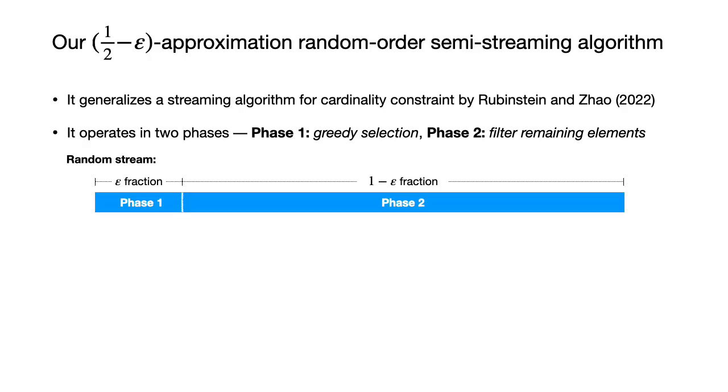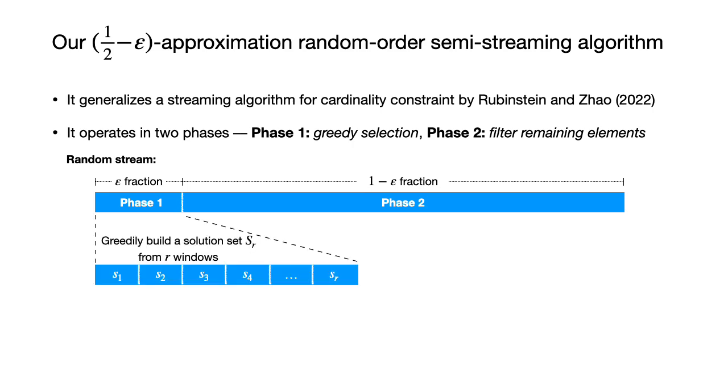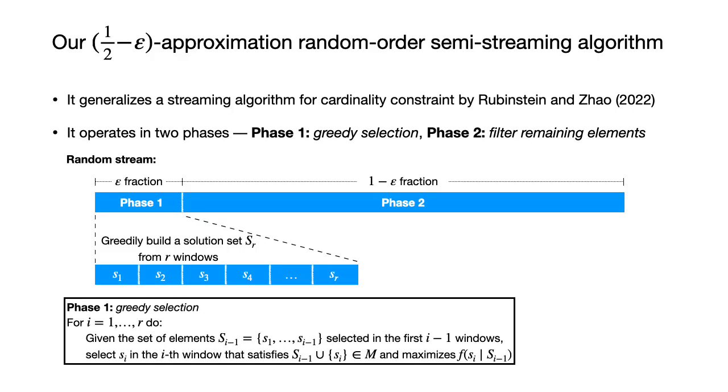So we first divide the random string into two phases. The first phase is actually only an epsilon fraction of the random string, and the second phase is the majority of the string. We further divide the first phase into r windows and greedily build a solution set S_r from these r windows. Specifically, we build this solution set iteratively.